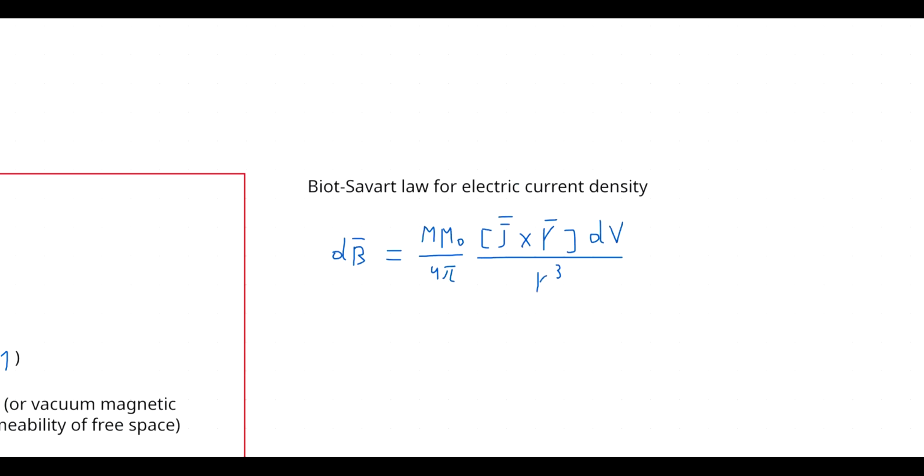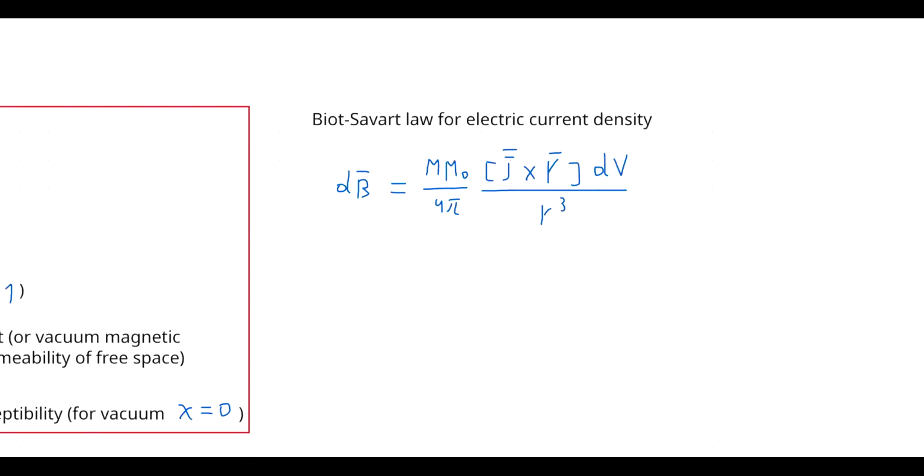And a similar formula can be written for the vector of magnetic field intensity. So we can write a very similar formula, but it is necessary to change mu 0 with unit, with 1.